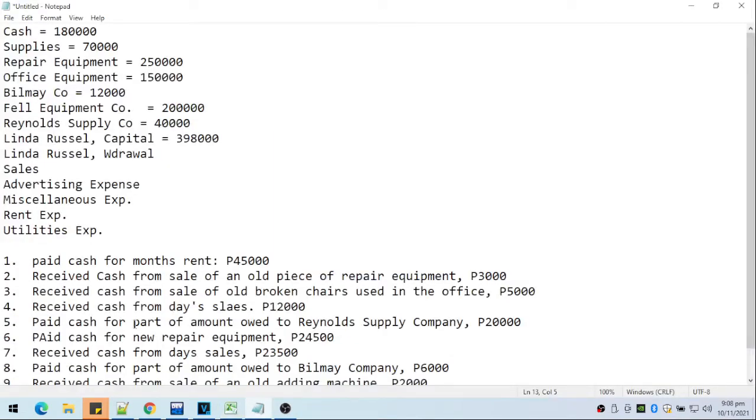Let's proceed to transaction number 4. Receive cash from day sales amounting to 12,000. What are the accounts affected by this? We have cash, and sales is our revenue. We receive cash, so it will increase our cash, which will be on the debit side, and it will also increase our revenue, which will be on the credit side.